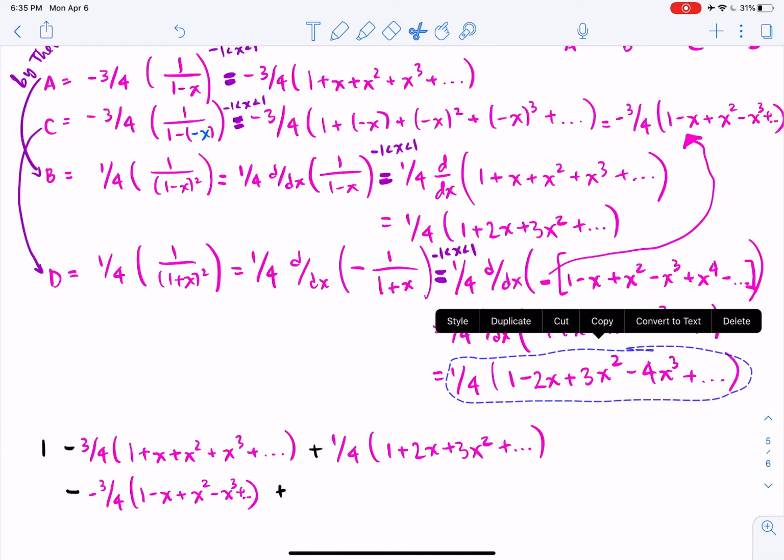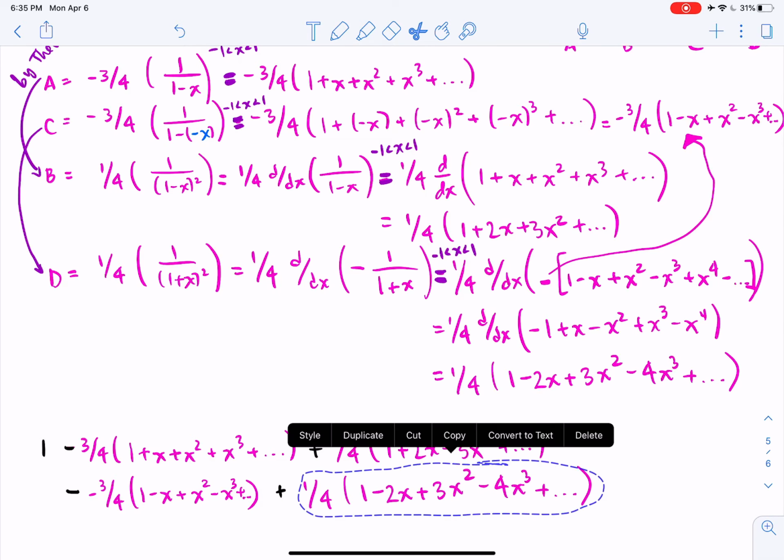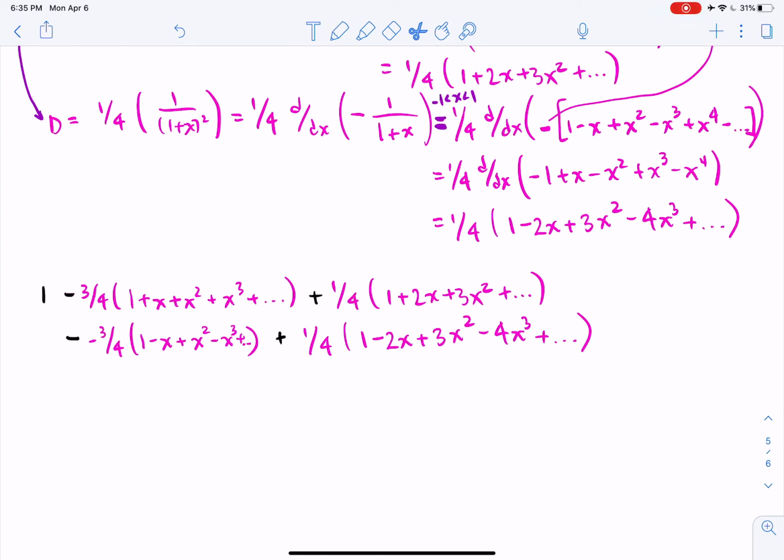Okay, now there's a lot of similarity here and a lot of cancellation that's going to happen. In particular, these terms, the x terms, let me maybe highlight those in red. These x terms are going to cancel. These x cubed terms will cancel. So all of the odd power terms in those two power series will cancel. And we'll end up with negative 3/4 plus 3/4 is a negative 3/2 times whatever's left over: 1 plus x squared plus x to the 4th plus x to the 6th.